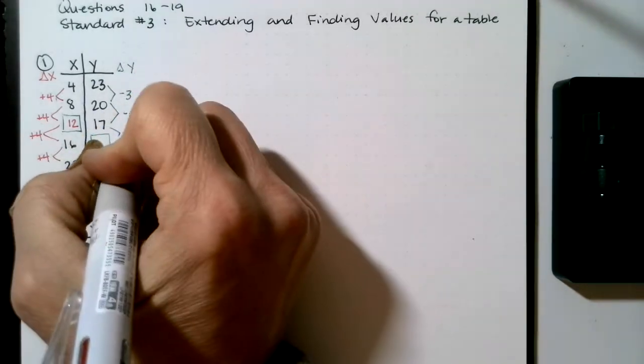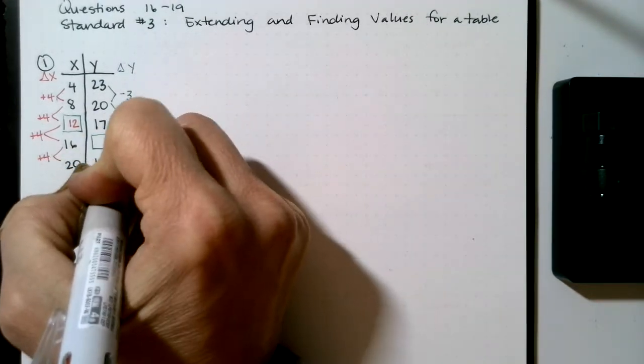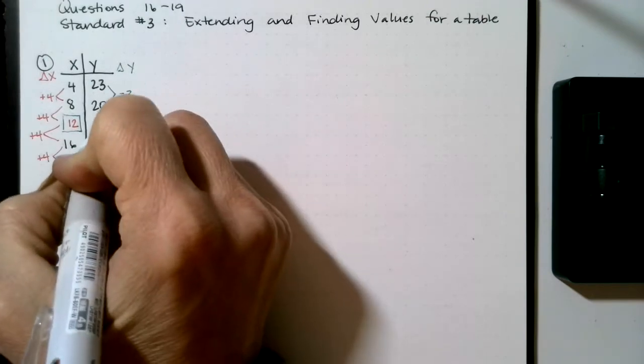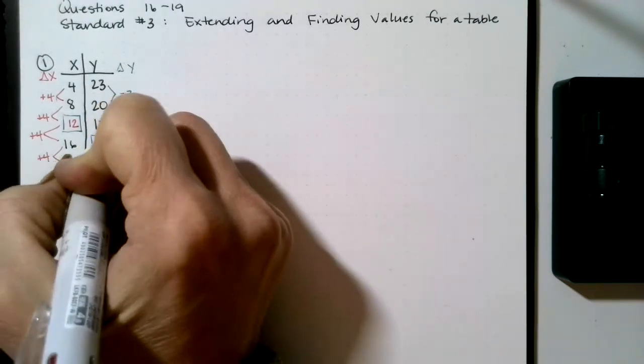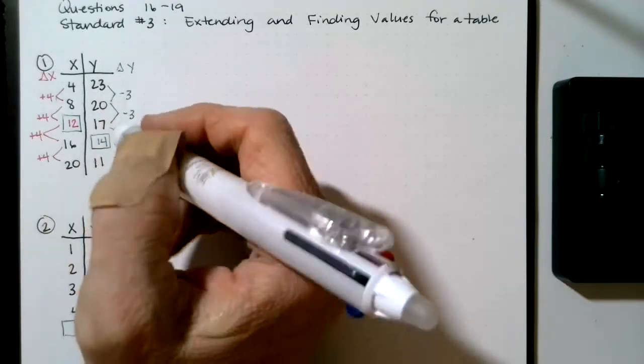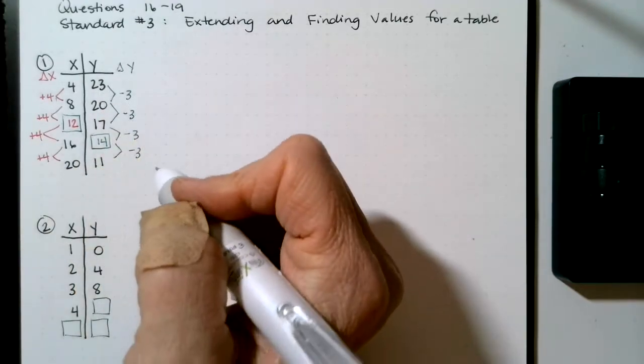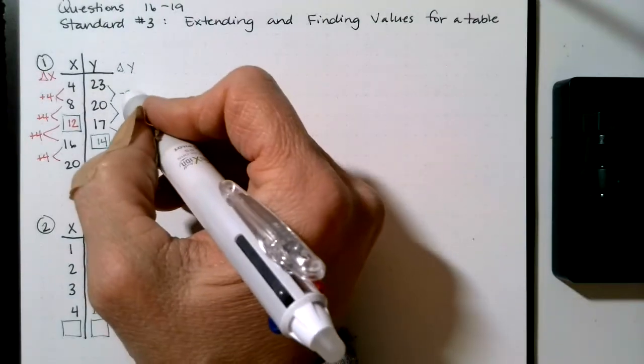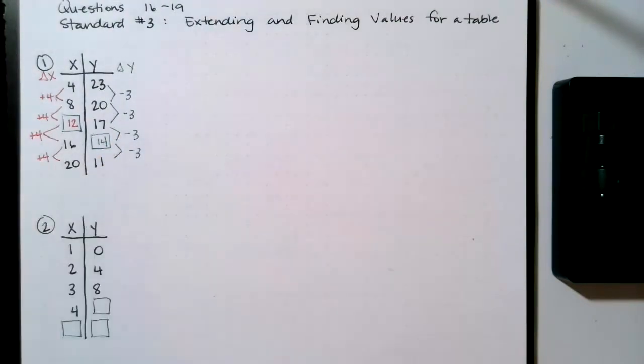So I would suggest just trying that to see if that works out. So 17 minus 3 is 14. 14 minus 3 is 11. So I would feel with pretty big certainty that because the change in y's held true and came up with that value, that my two missing values for this first example are 12 and 14.